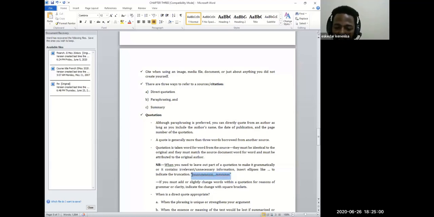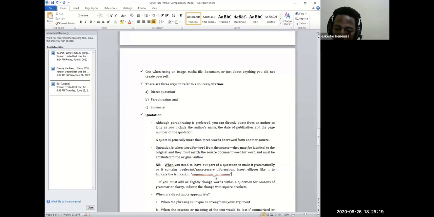The ellipsis indicates that it is a direct quote and that some words are left out.